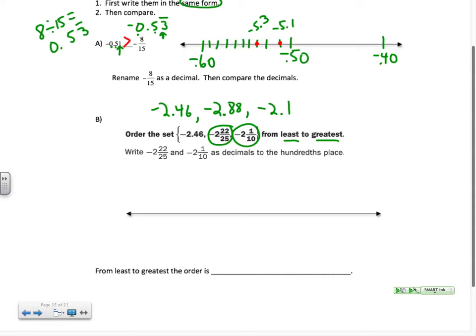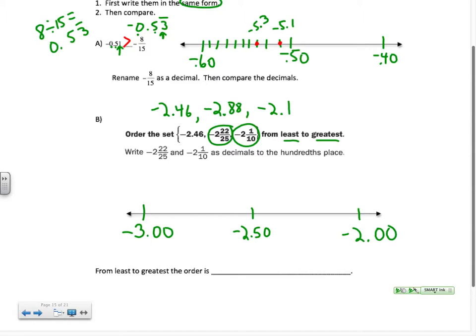I'm going to put them on a number line so we get a sense of where they fall on the number line. To the far right, I'm going to do negative 2. And to the far left, I'm going to do negative 3 because they all fall somewhere within there. I'm going to add a decimal and 2 zeros because those decimals go to the hundredths place. So I'm going to get the 0 to the hundredths place. Right in the middle then would be negative 2.50 between negative 2 and negative 3.